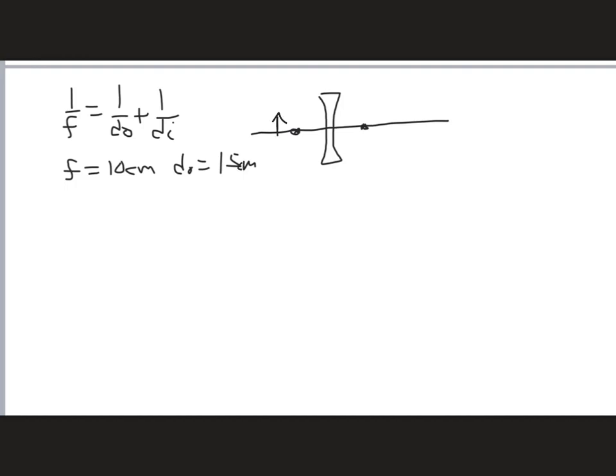So I have drawn my object in, and I'm going to consider my two rays. The first ray that I like to draw is the parallel ray, and it diverges along the line from the focal length, so that's going to come out like that.